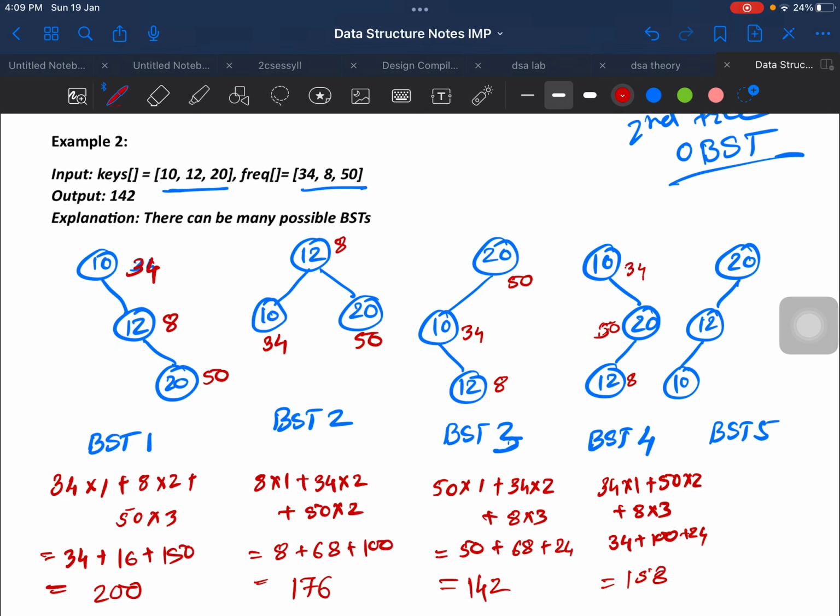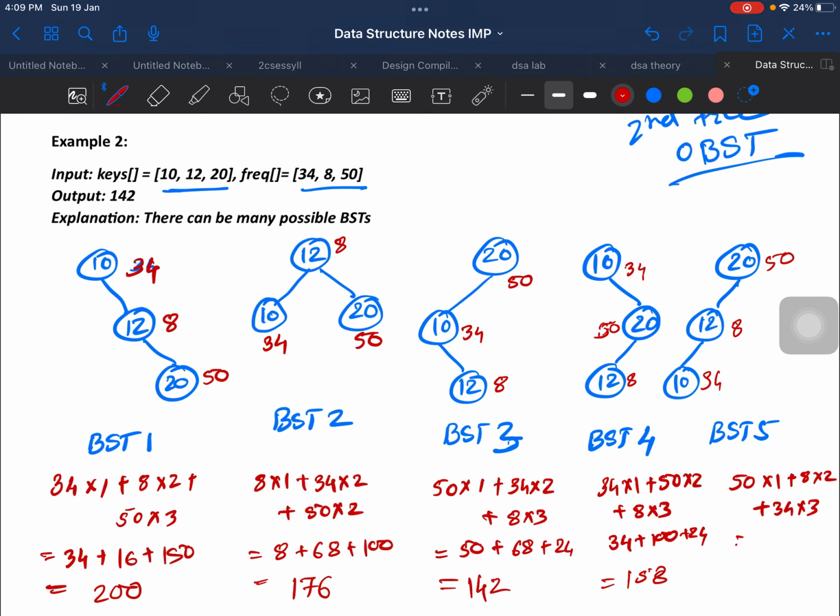Okay, now let's see, guys, the cost of BST5. In BST5, what is the frequency of 20? 50. What is the frequency of 12? 8. And what is the frequency of 10? 34. Okay, now let's calculate. 50 into 1 plus 8 into 2 plus 34 into 3.